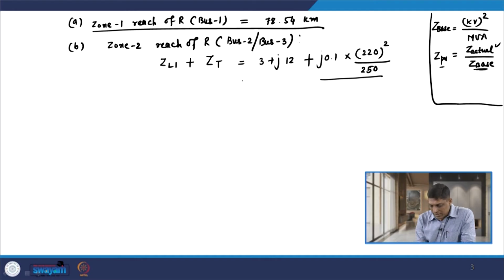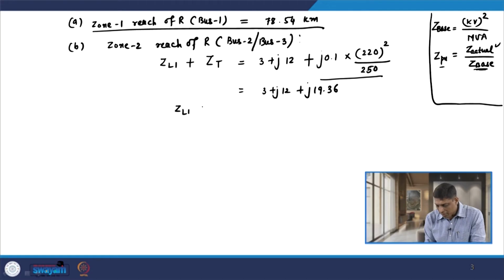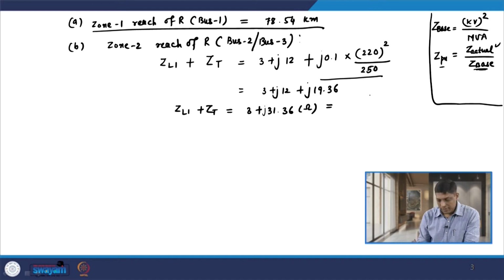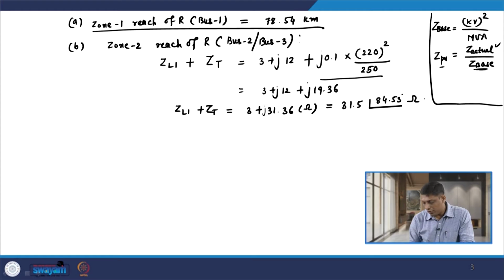If you solve this, it will be 3 plus j12 plus j19.36 ohm. So ZL1 plus ZT is 3 plus j31.36 ohm, or in polar form, 31.5 at an angle of 84.53 degree, also in ohms. So this we have calculated.